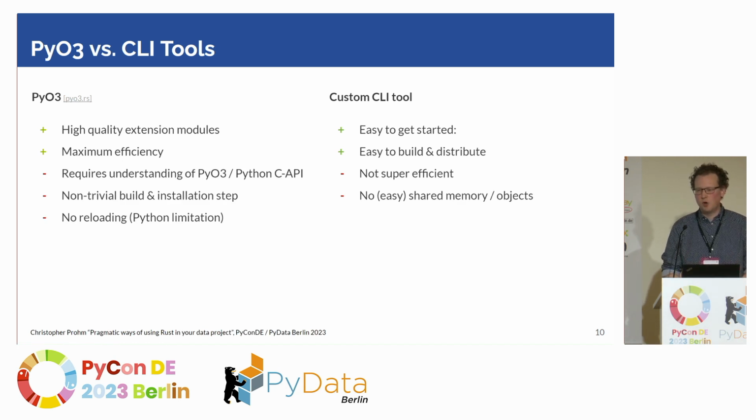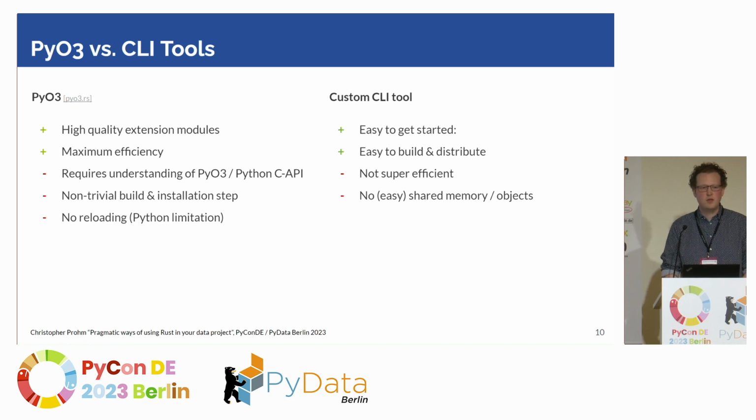However, there are also some drawbacks. I think you need to understand quite well how PyO3 works. I think you also need to understand the C API, because sometimes there are these rough cases where you actually need to understand how this is translated into the C API, in particular if bugs happen. There's also this, I would say, non-trivial building and installation step.